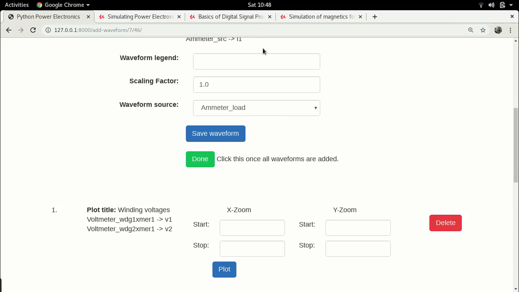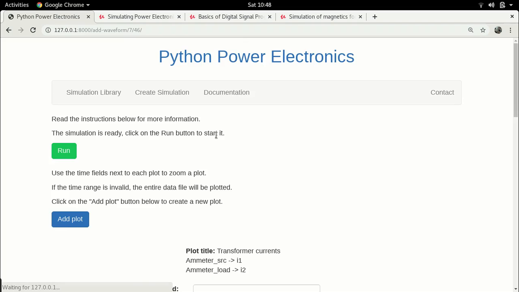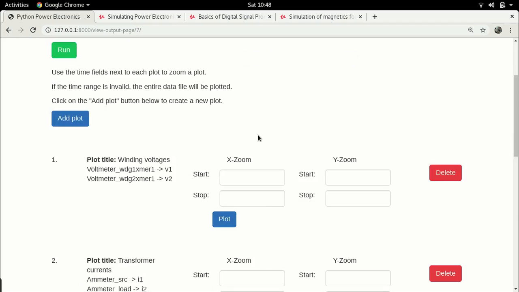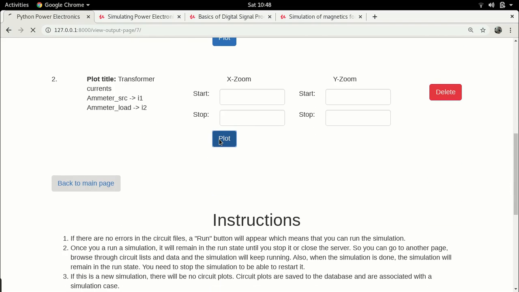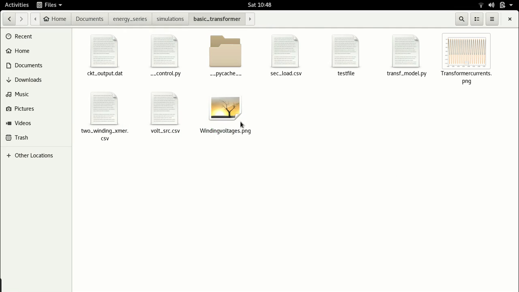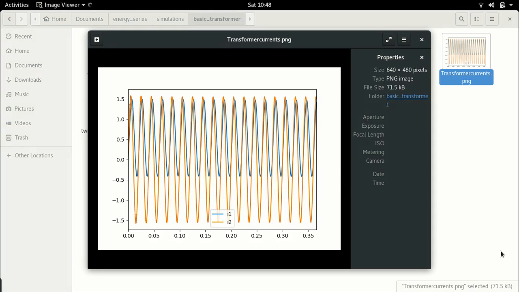And let me plot the load, which is already there, so let me call this I2. And we can click on done. And let me plot this. So these are the transformer currents.